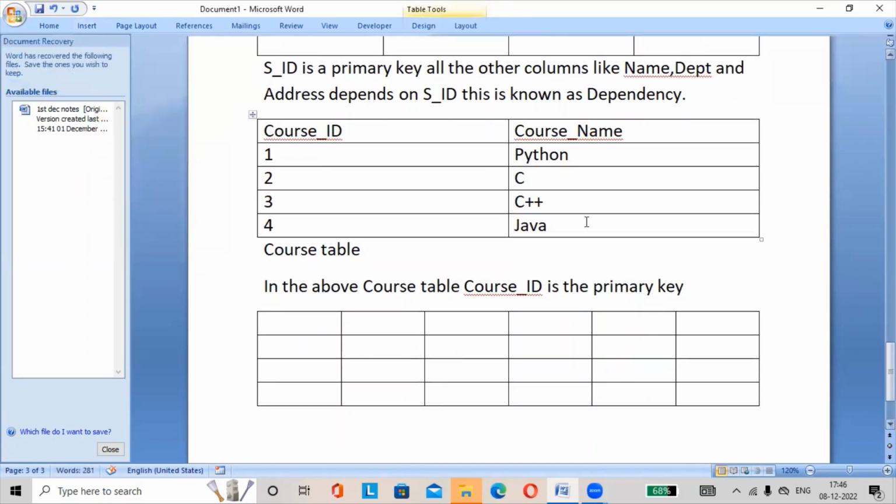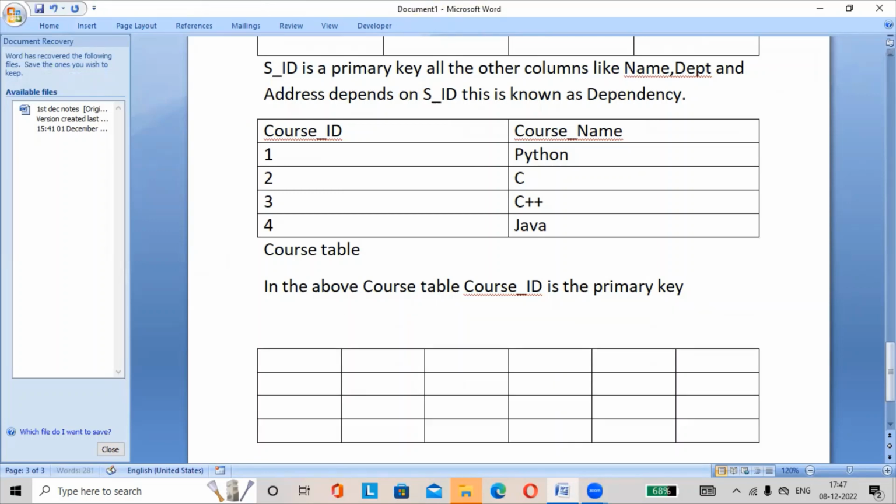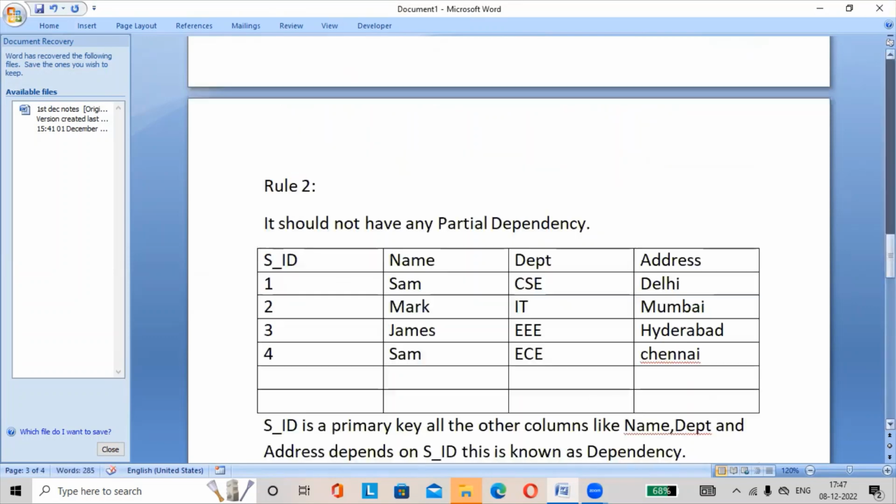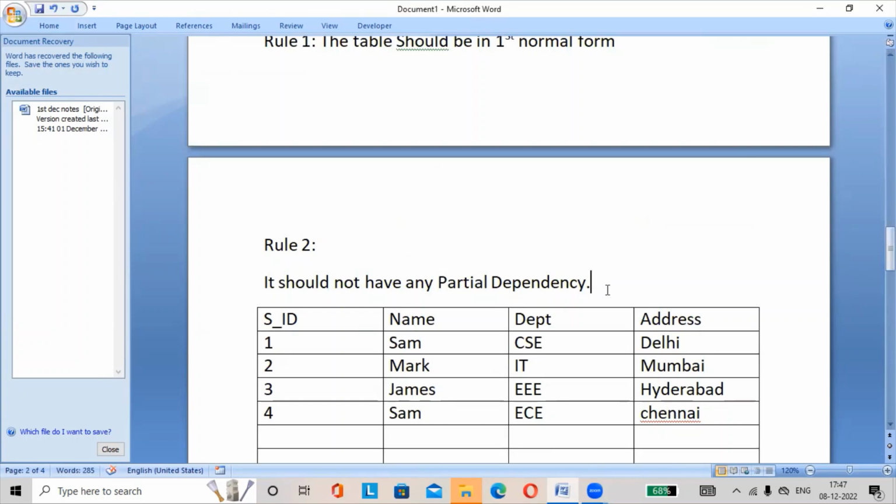So what is the name of this table? Grade table. This is the course table. This is the student table.